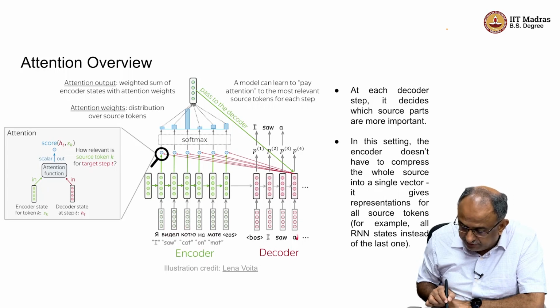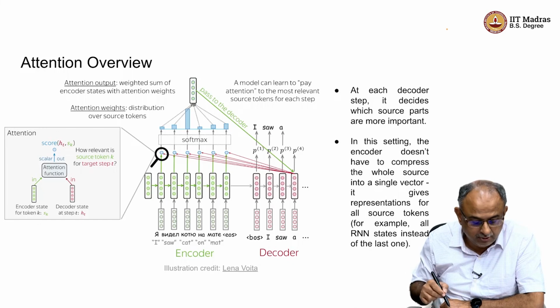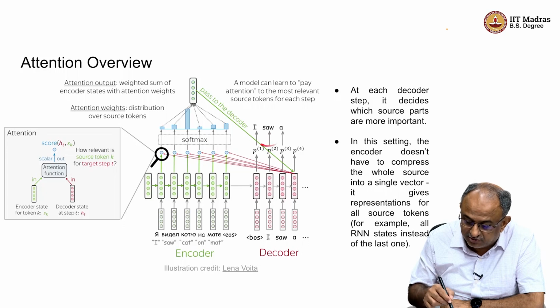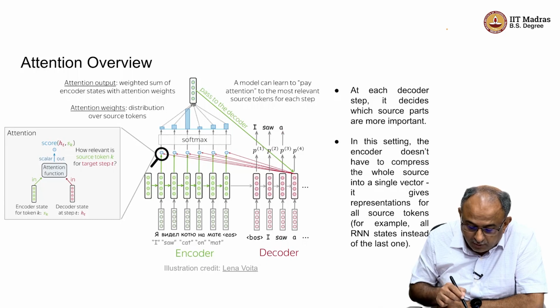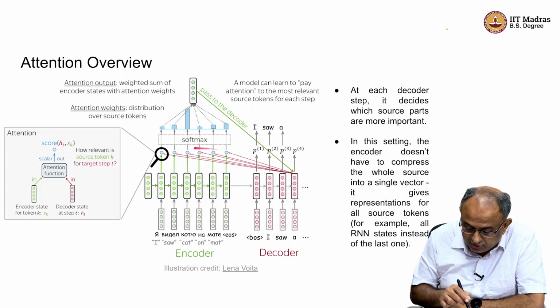Then, by the way, this should be in the other language, so the Russian kind of thing should be coming out here. What we are going to do is combine these outputs, which are hidden states, to feed it here.